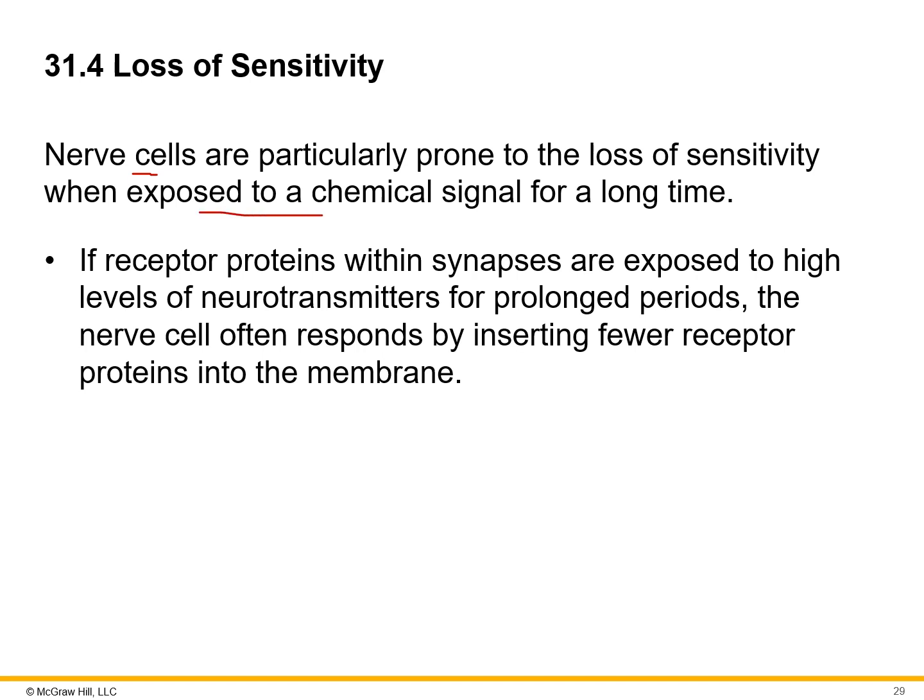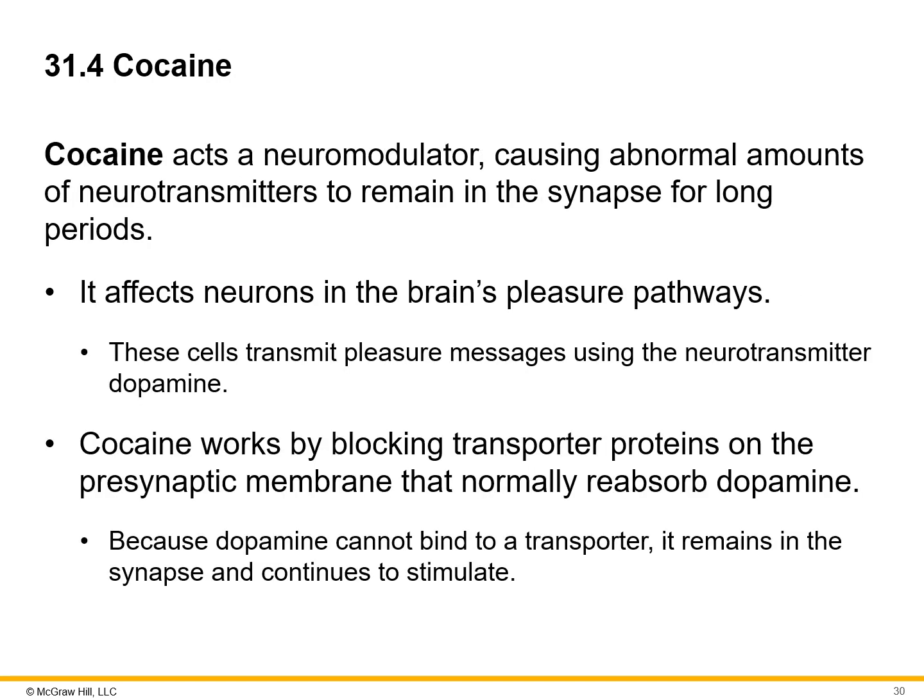So whenever this happens, when that signal's exposed for a long time, then those receptors that it's binding to, if it's there too long, they often insert fewer receptors. And this is what can then lead to addiction. So for example, cocaine is a neuromodulator.